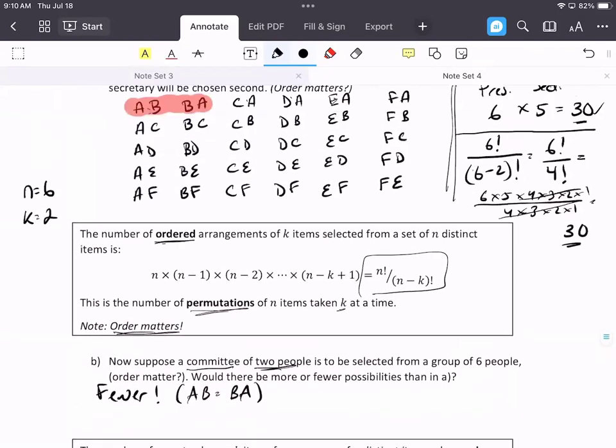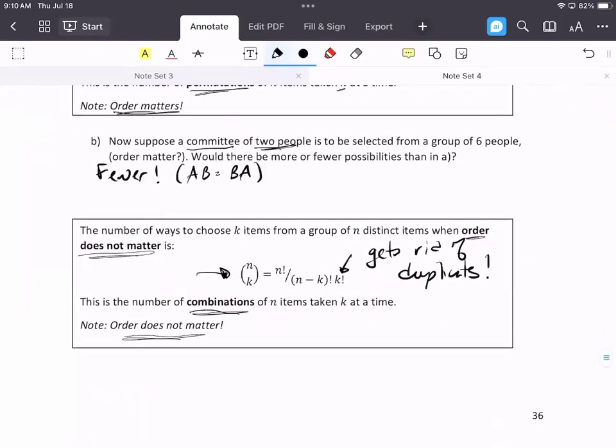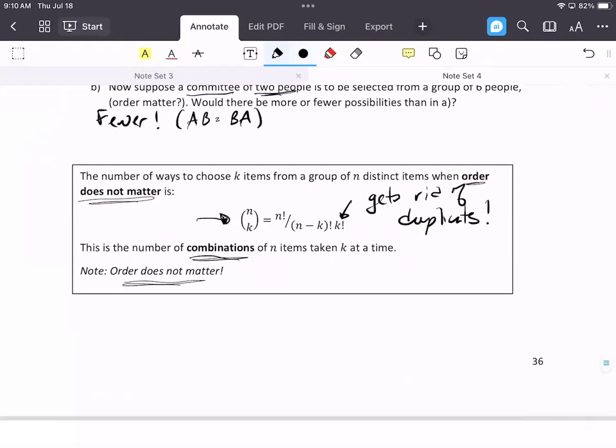So we could go through here and count, get rid of any of the duplicates, and we would come up with the same number, but I'm going to just do it numerically. I know out of 6, I'm going to choose 2. That's going to be 6 factorial over 6 minus 2 factorial times 2 factorial.